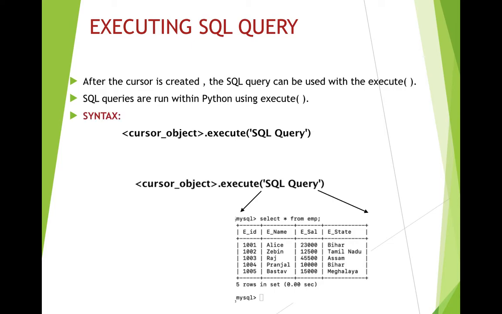I have already given the syntax, which is cursor object dot execute, then within quotes you need to give any valid SQL query. For example, if I write CUR dot execute within quotes select star from EMP, then what will happen? All the records of the EMP relation will get triggered and will be brought to the Python programming language.